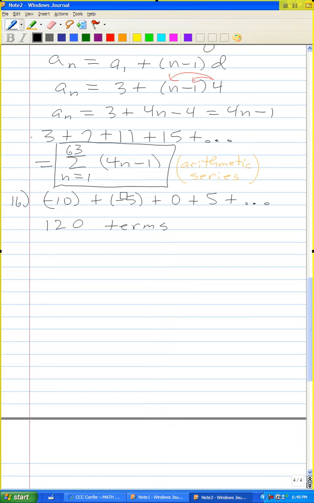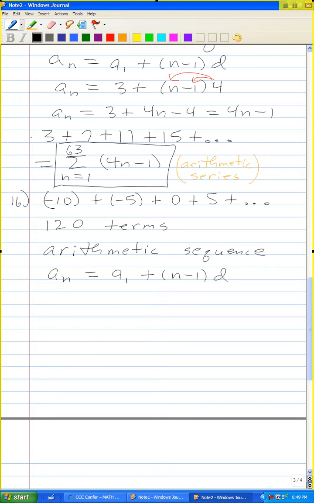And so if I look at the arithmetic sequence from which it was formed, a sub n is equal to a1 plus n minus 1 d.